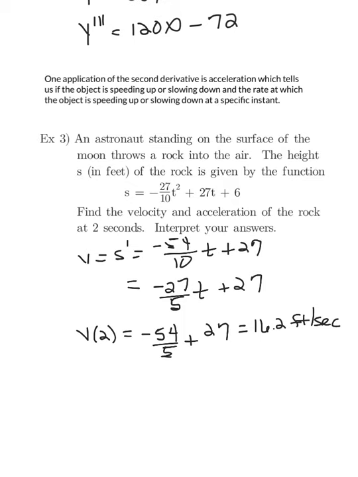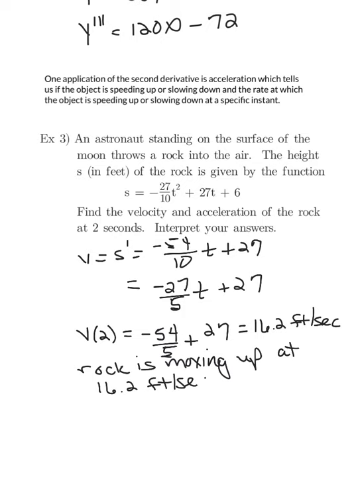Now, because our velocity was positive, when we interpret this, we know that the rock is moving, because it's positive, upward, whatever would be the positive direction, at 16.2 feet per second.